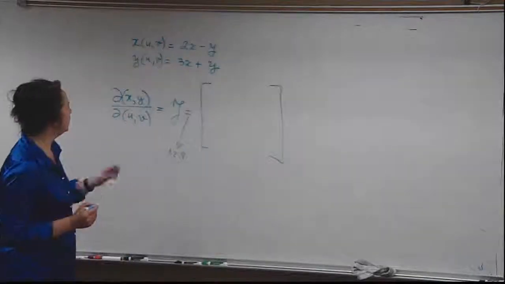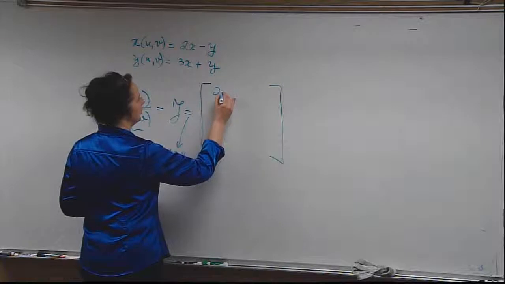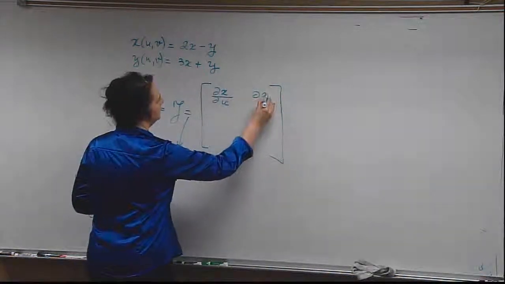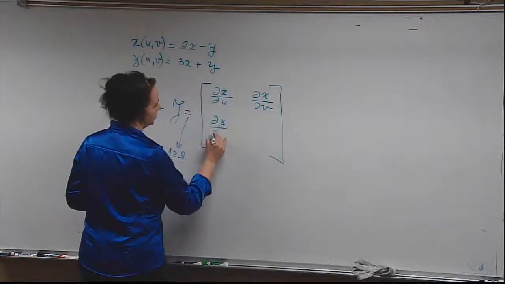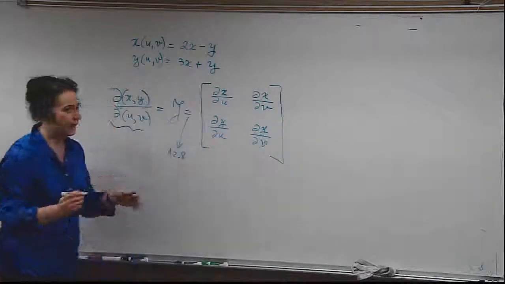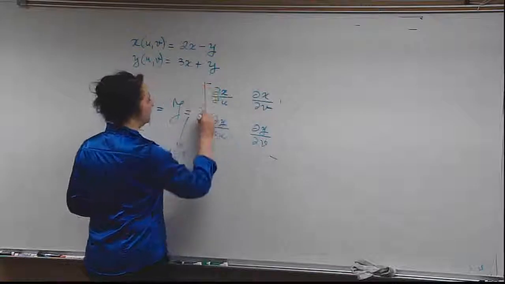So what will be the definition of this animal? You simply have to take the partial derivative of x with respect to u, the partial derivative of x with respect to v, the partial derivative of y with respect to u, the partial derivative of y with respect to v. And that's exactly what it is in determinant. Not the matrix, but the determinant.